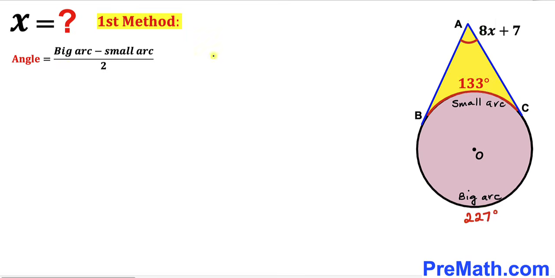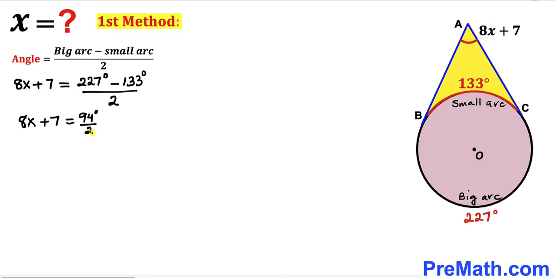Our angle is 8x plus 7, so I'm going to substitute that. 8x plus 7 equals 227 degrees minus 133 degrees, all over 2. If we subtract these angles, that gives us 94 degrees. So 8x plus 7 equals 94 degrees divided by 2.